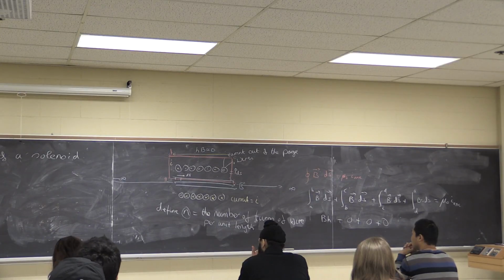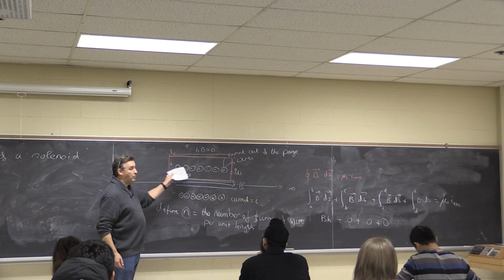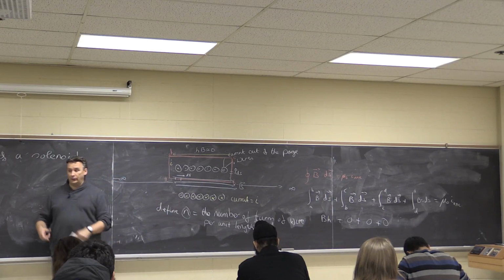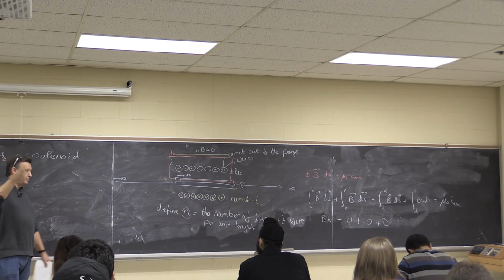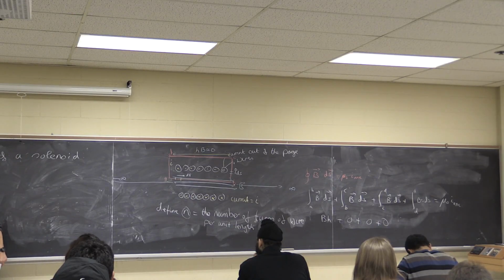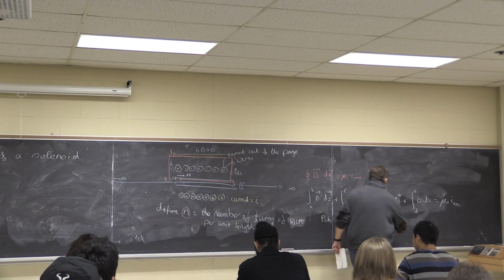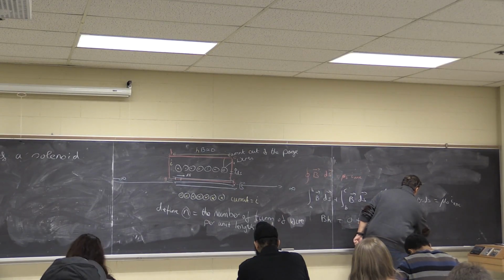So the total number of times the current loops through is just h times n. So the total current enclosed by this box is the current in one wire times n times h. And I also need to multiply by mu naught. So that equals mu naught times the current in one wire times n times h.